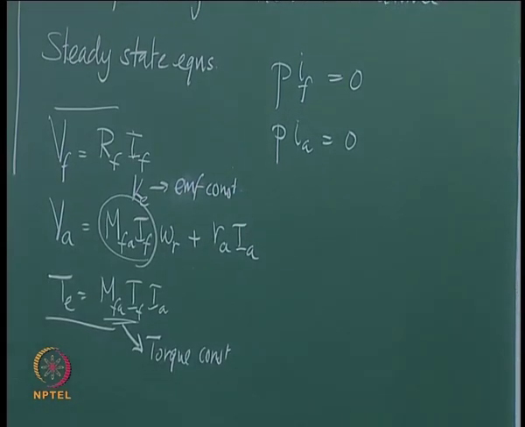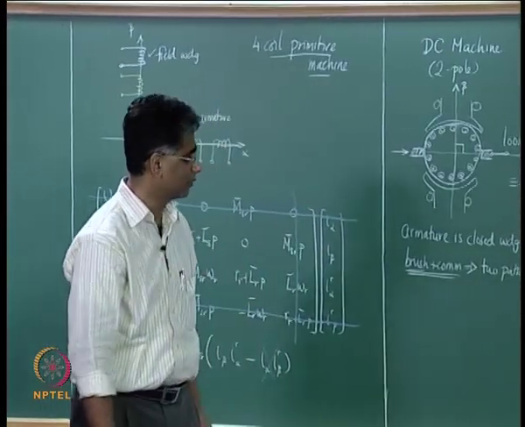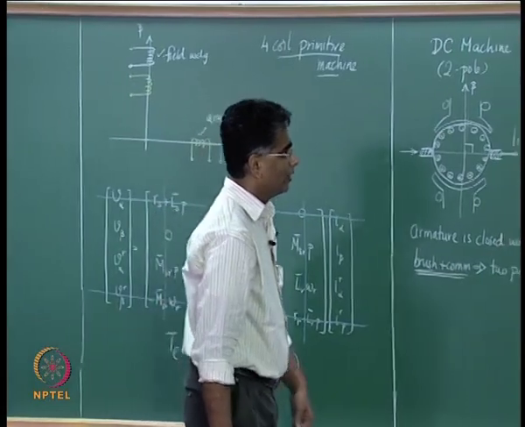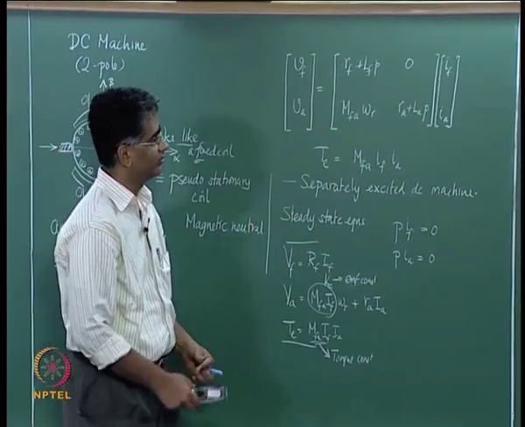So we can see how one can derive the model for a DC machine starting from the same set of equations that we had. Now this is an expression for the separately excited DC machine.